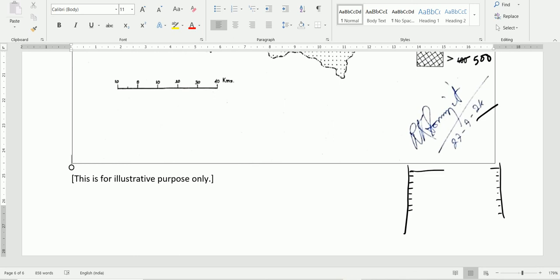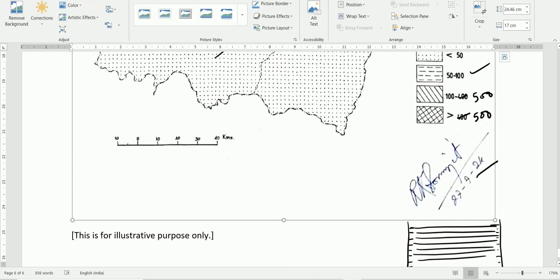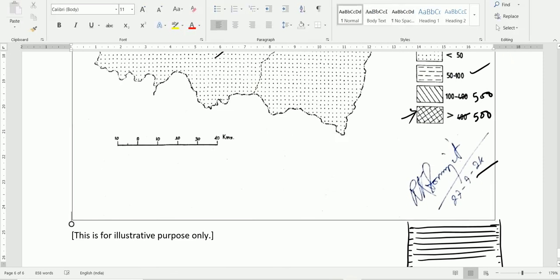Then after that, draw the lines. And if you are doing like that, then you will get equal spacing and it will be more attractive, as you see here. Here I'm using that technique. It took a long time, but actually it looks good.